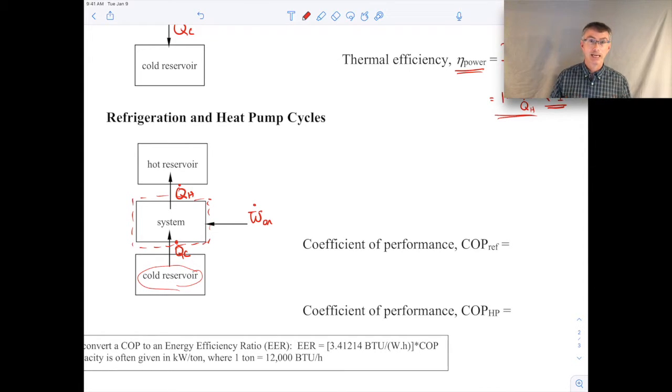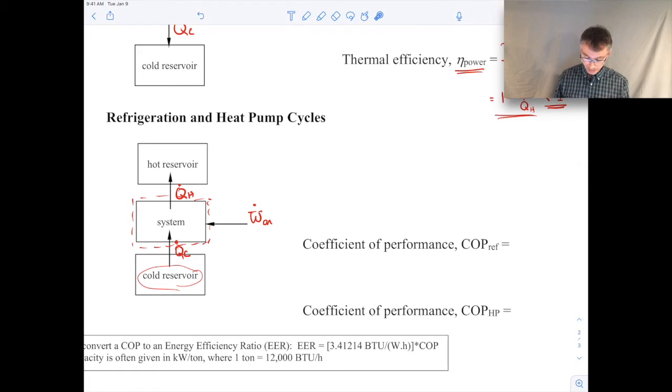But you're pulling energy out of those surroundings, and you're taking that energy through your heat pump. You have to put some work into your heat pump, and moving that energy into the hot reservoir, which in this case would be the interior of your home. So heat pumps operate by taking energy from the outside and bringing it to the inside of your home.